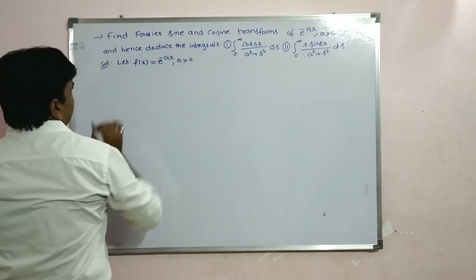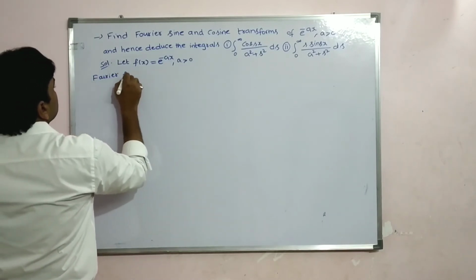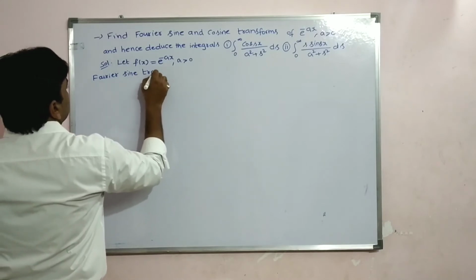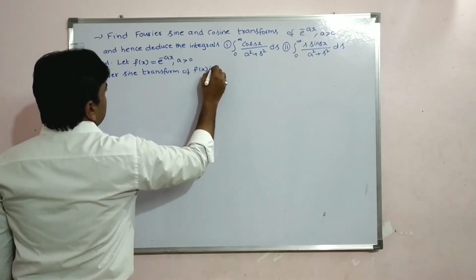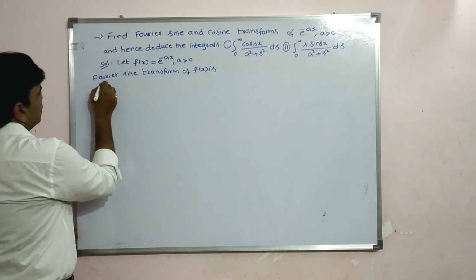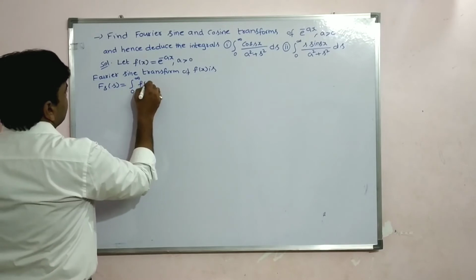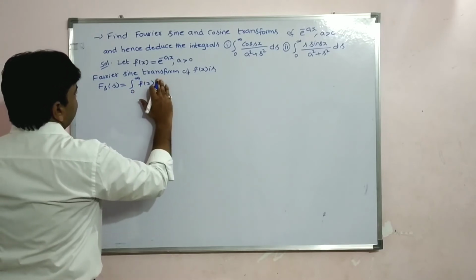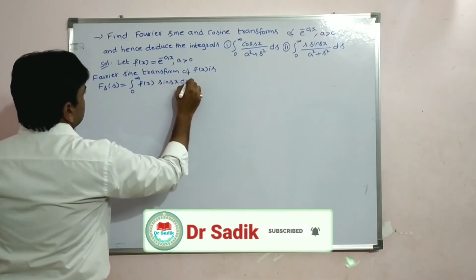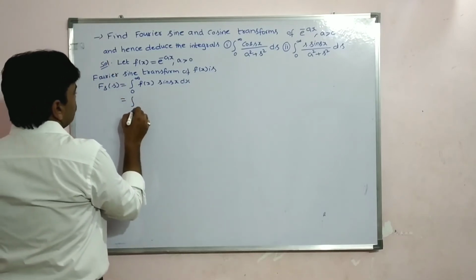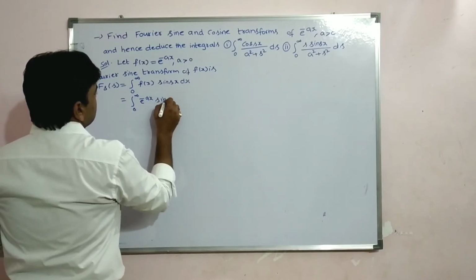I want to find first the Fourier sine transform of f of x, that is fs of s, equal to integral 0 to infinity f of x sin sx dx, that is equal to integral 0 to infinity e power minus ax sin sx dx.